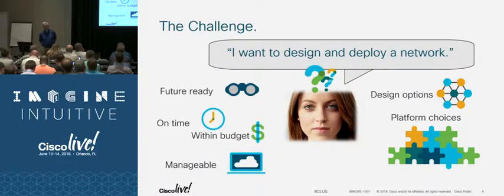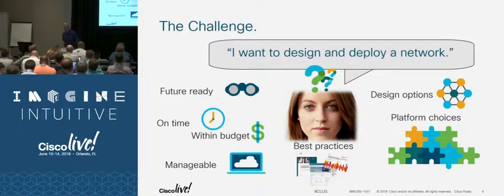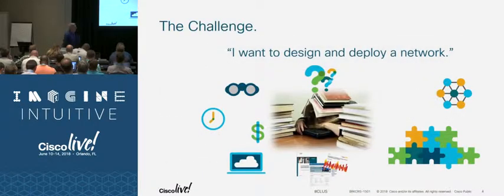Now, a lot of you have come here to take a look at how you do an SD-Access network, and there's all sorts of best practices and things you can get from Cisco Live, the TAC cases out there, or TAC tips out there, the design guides. You start looking through it and you can just get buried by all that information.